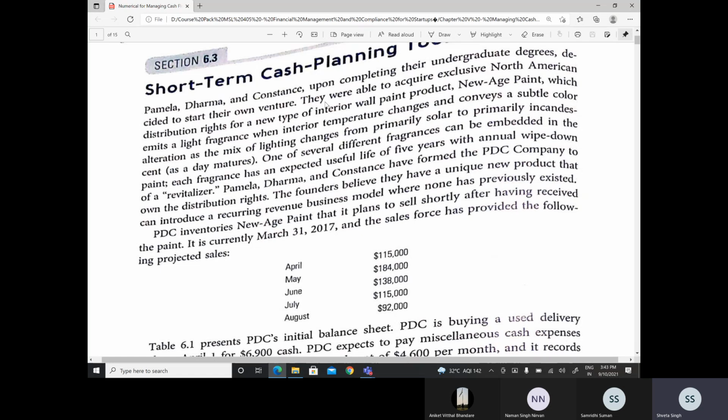One of several different fragrances can be embedded in the paint. Each fragrance has an expected useful life of 5 years with an annual wipe down of a revitalizer. Pamela, Dharma, and Constance have formed the PDC company to own the distribution rights. The founders believe that they have a unique new product that can introduce a recurring revenue business model where none has previously existed. I also think that they have a wonderful product.